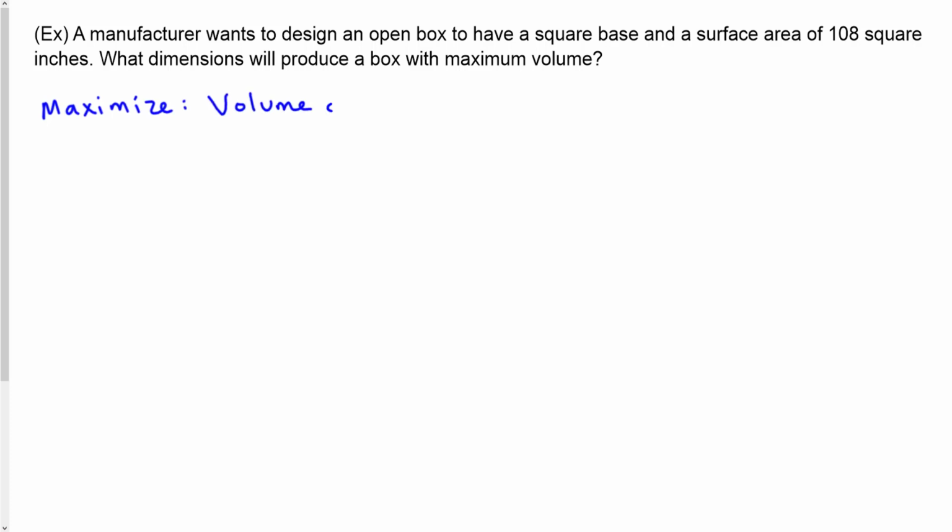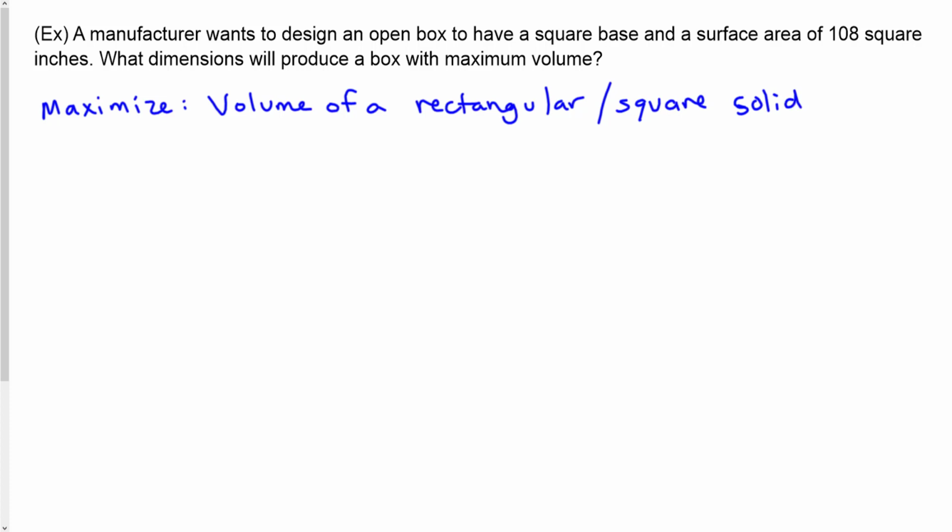of a rectangular solid with a square base. I'll just say rectangular or square solid. Okay.